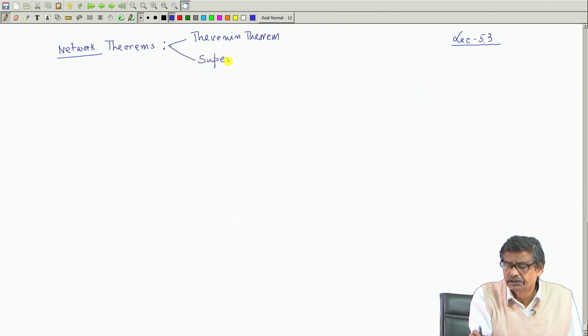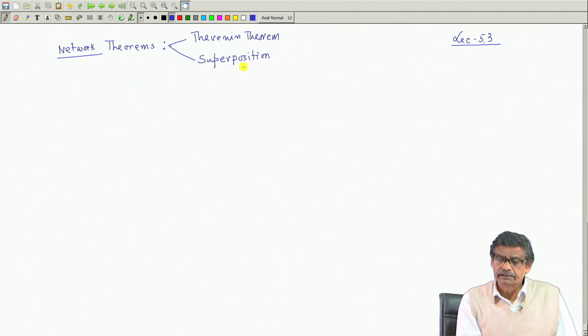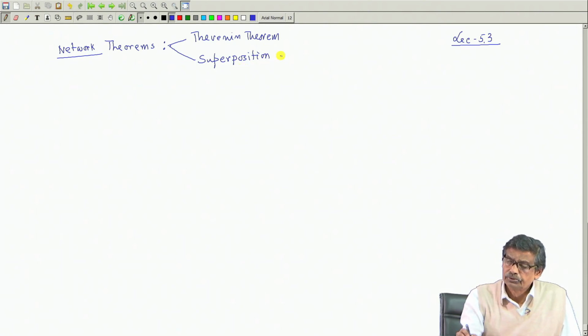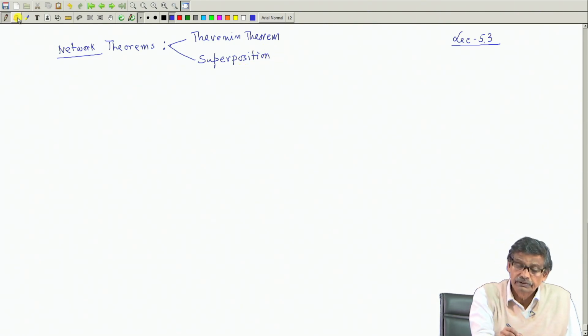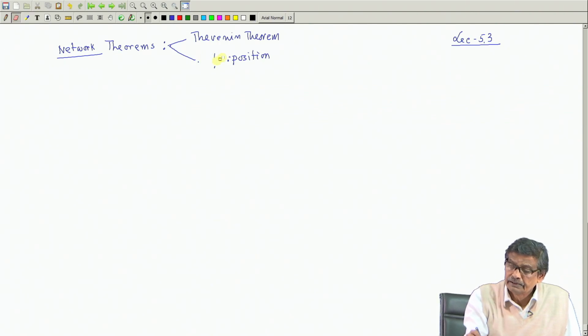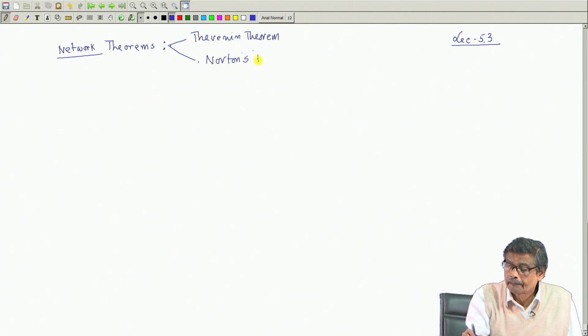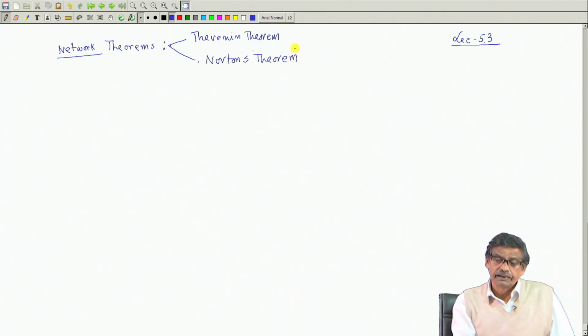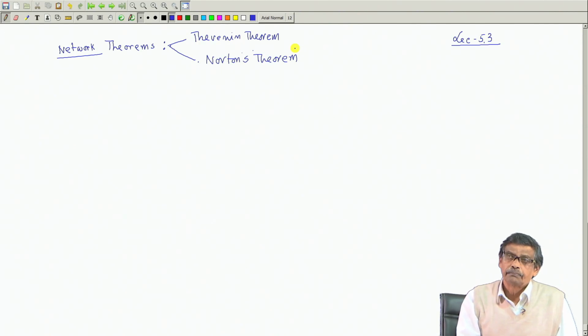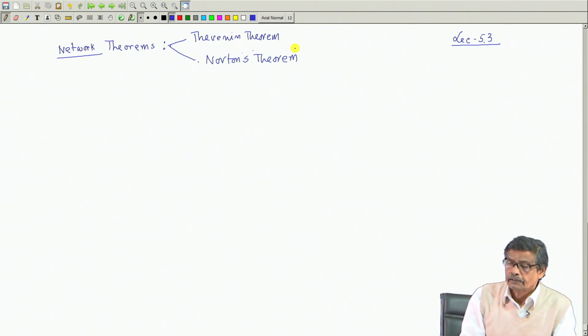Thevenin's and Norton's theorems can be easily converted from one to another. These are often used in finding out currents in a particular branch of a circuit.